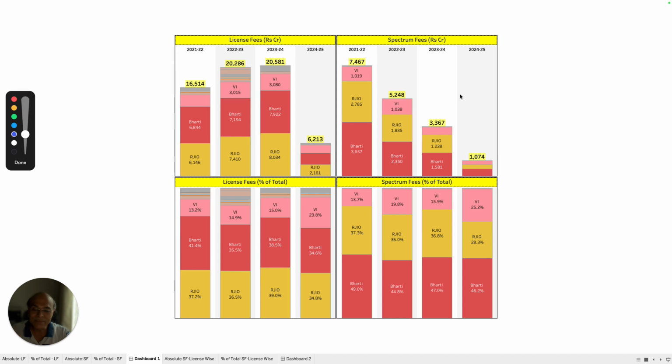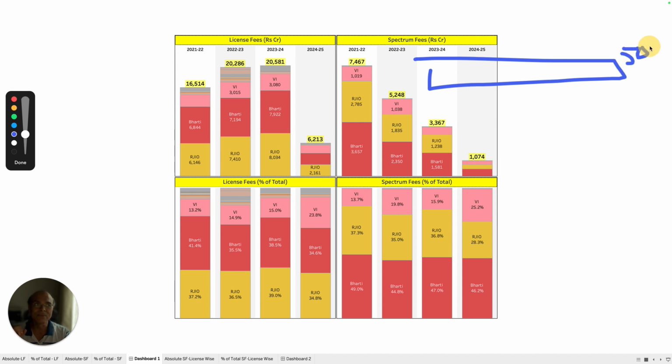So imagine that in the end you have 500 multiplied by 0, and then you divide by, let's say, 100 in the denominator plus 500 if you add. Imagine the kind of reduction that is going to cause to your spectrum usage charge. Whatever was earlier 3.4% will now become 0.8% or 0.7%, right? That is the reason why this SUC has gone down.